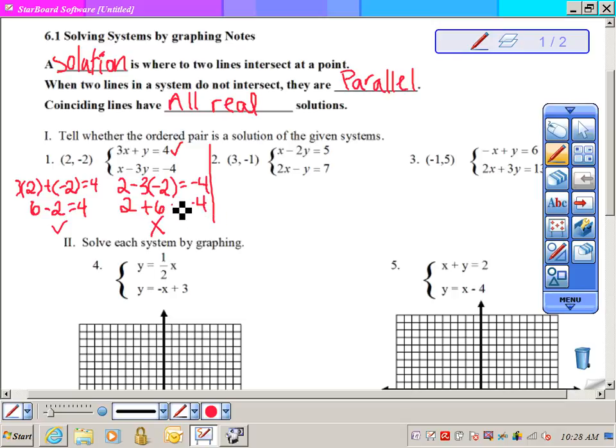Not true, is it? So this is not a solution. Negative 2 only works on one of the lines, not on both. It's not a solution.